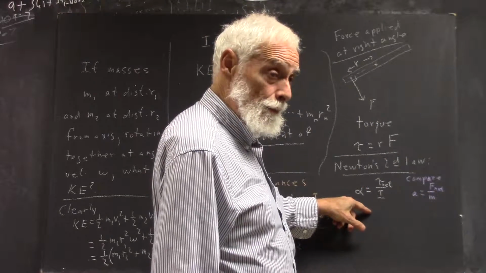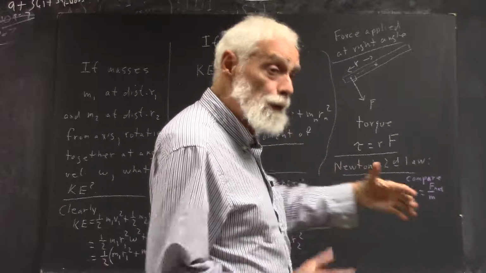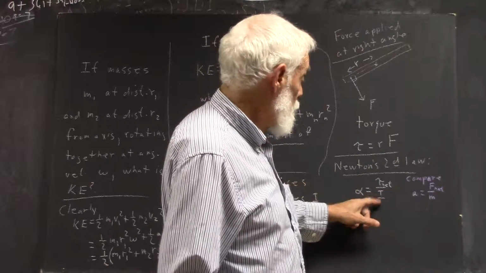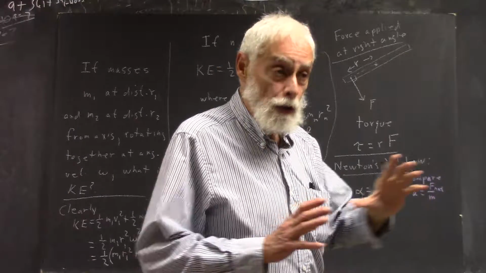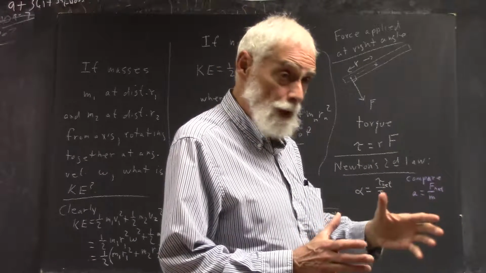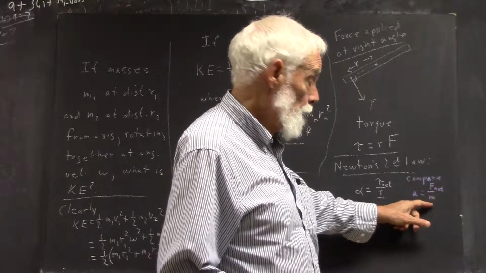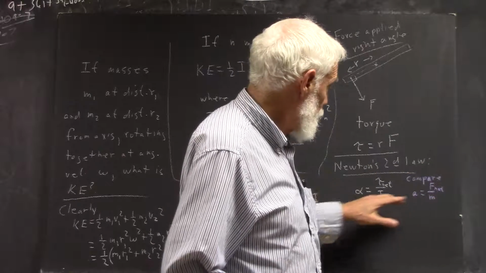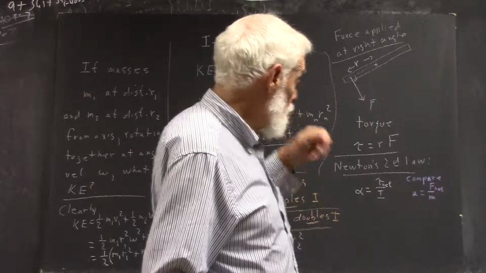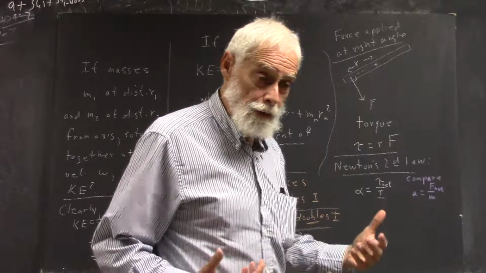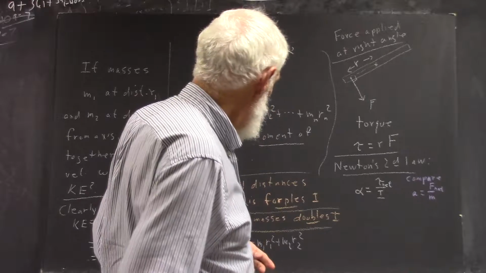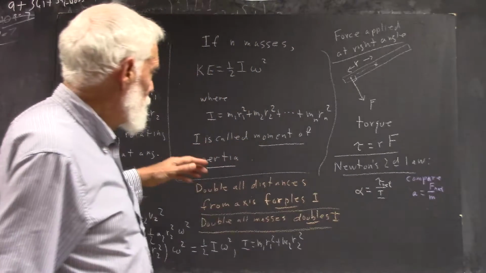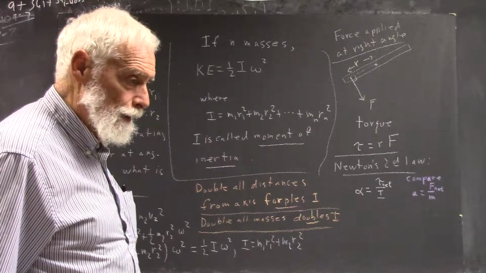Similar here: tau net causes the angular acceleration, moment of inertia resists it. Net force causes the acceleration of the mass. The more mass you have, less acceleration, so the mass is what resists it. So there's a parallel, and there are many parallels between angular quantities and linear quantities that we'll talk about a little more. But this is kind of the basis of angular dynamics in a nutshell.